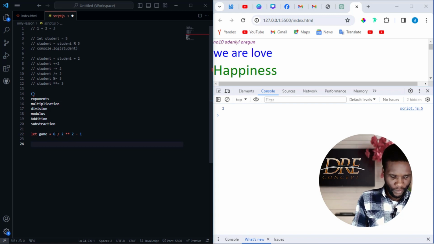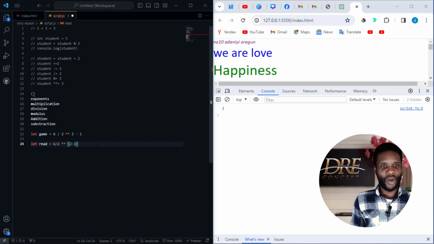And let's say read equals the same expression, but we are going to do something right now. The exponent of 2, let's open a parenthesis here, 2 minus 1. So with this parenthesis, the value will be different.